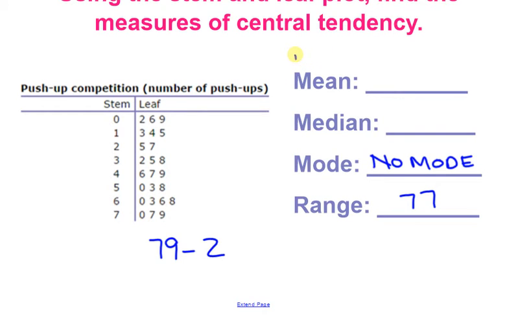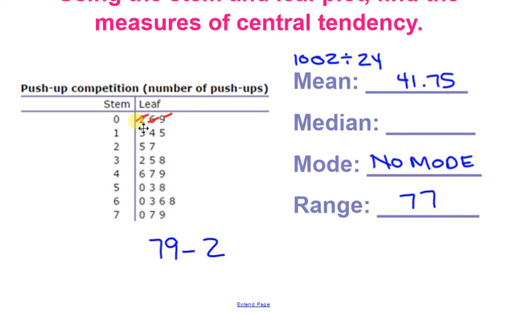And I got 1,002. And then we have 24 numbers, counting 1 through 24. So divided by 24, I got 41.75 as my mean.